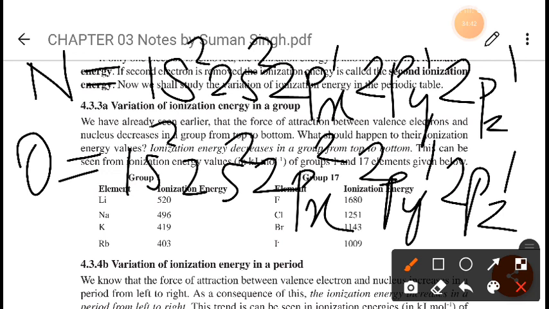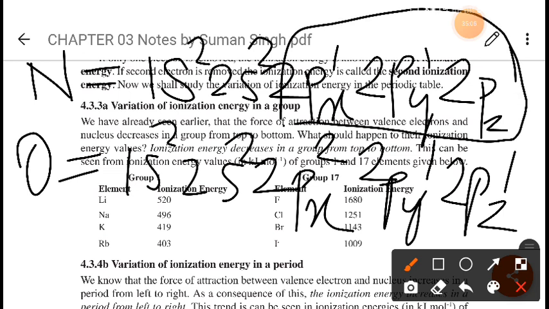Similarly, we can say there is a decrease in the ionization energy going from nitrogen to oxygen, due to the presence of a half-filled shell in nitrogen, as you can see here, which makes its electronic configuration relatively more stable.